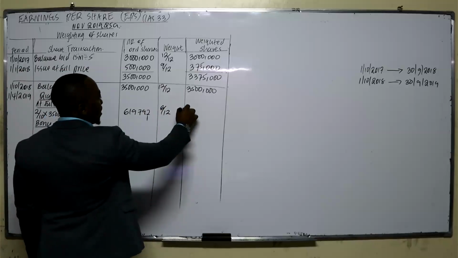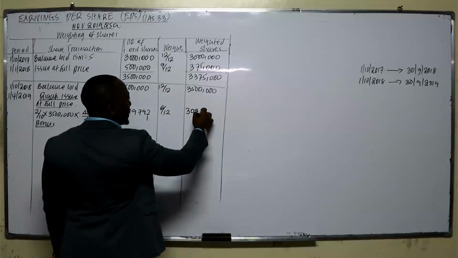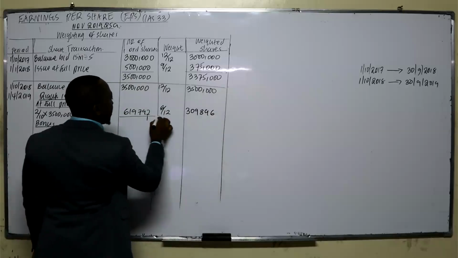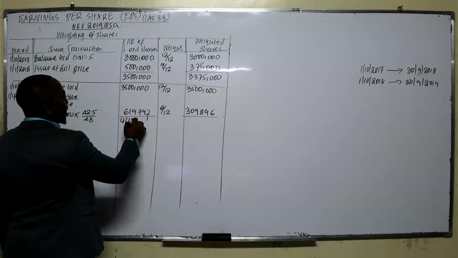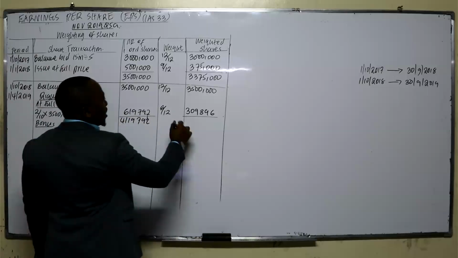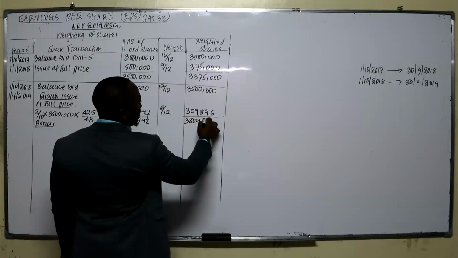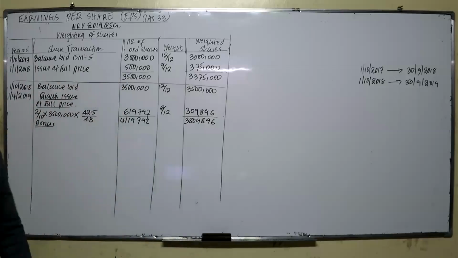You get 3? 309? 8? 896. Then you see that after every share transaction, you sum up. This will be 41,19,792. And this one will be that 809, eh? 896. Good. Then bonus.